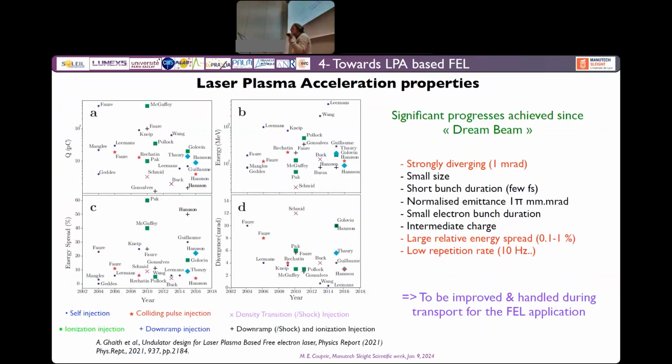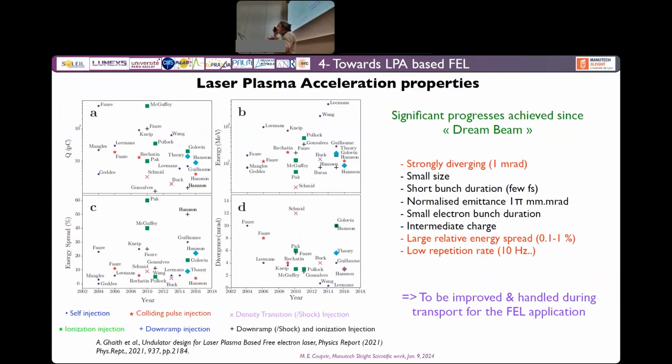So if I recapitulate the typical parameters that have been achieved, you see on this graph the charge, the energy spread, and divergence. There has been significant progress achieved since this dream beam. Still, we have strongly diverging beams, 1 millirad. We still have a large relative energy spread.